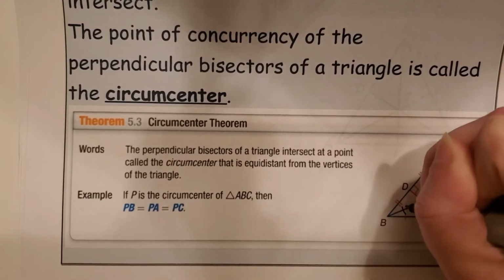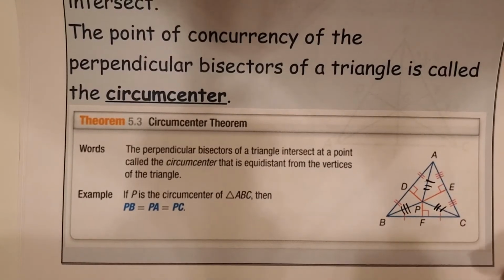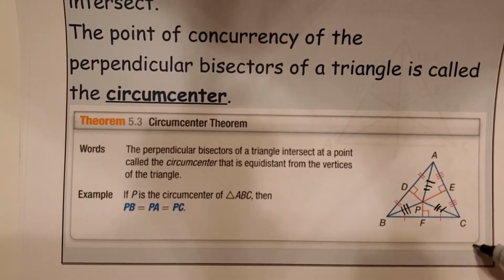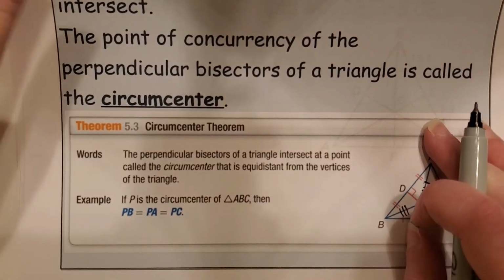PA is congruent to PB, which is congruent to PC. And all of this is still true about perpendicular bisectors from before, that PE, for example, is perpendicular to AC, AE is congruent to EC. You got a lot of stuff going on here that you can use depending on what the questions are asking you for.